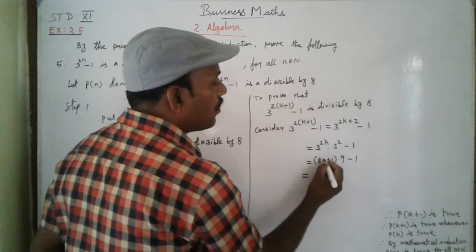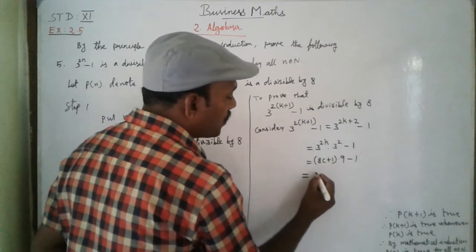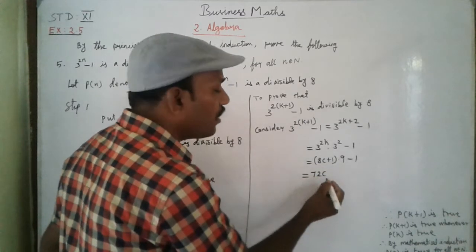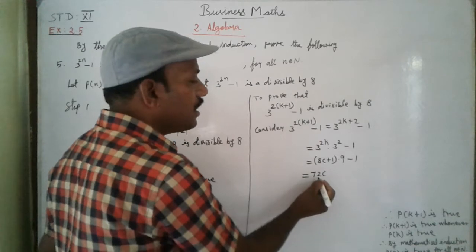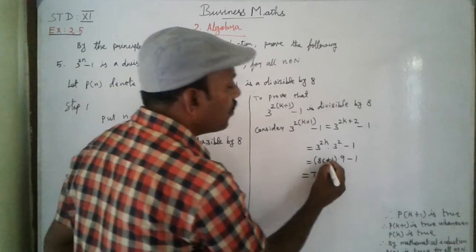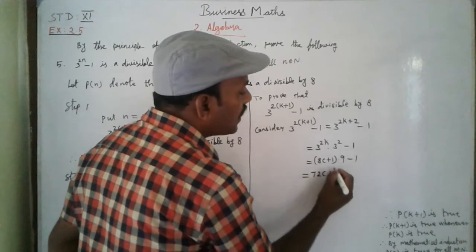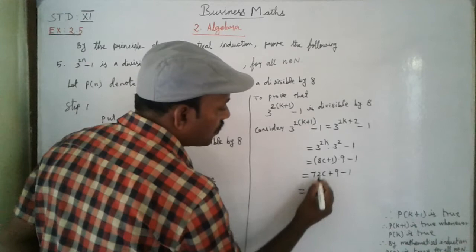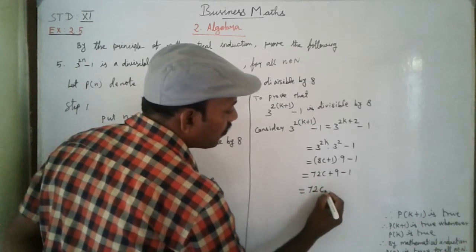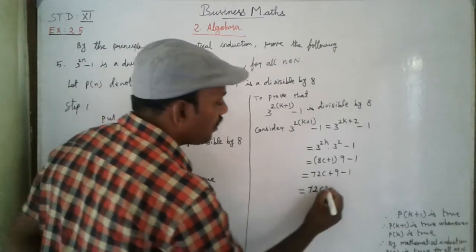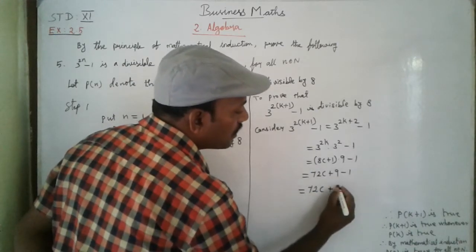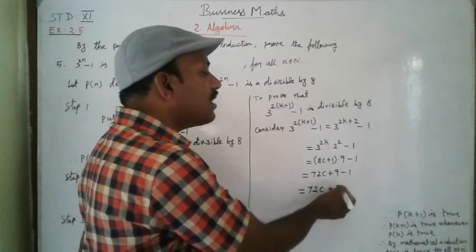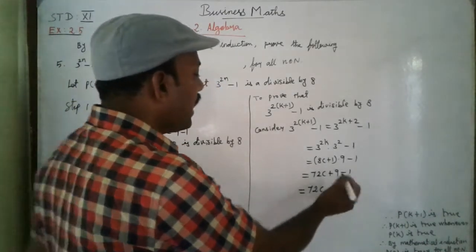That is equal to 72c, since 8c into 9 is 72c, where c is any constant, plus 9 minus 1, which is 8. 72c is divisible by 8, already we know that, plus 8, which is also divisible by 8.